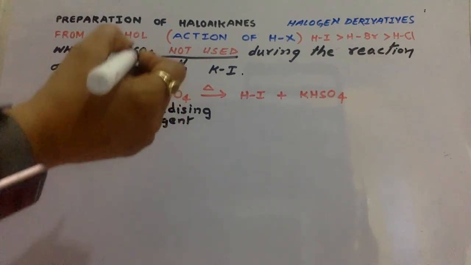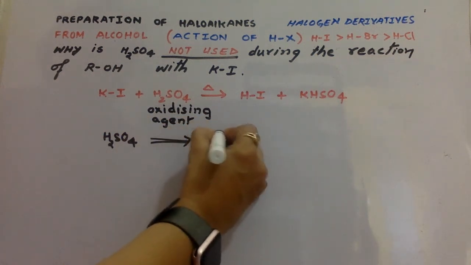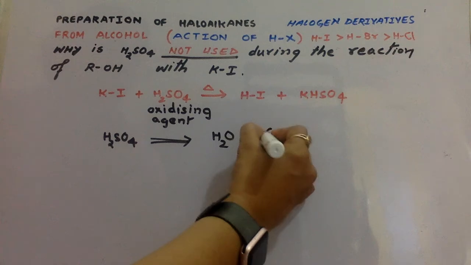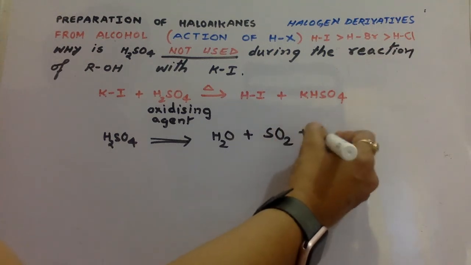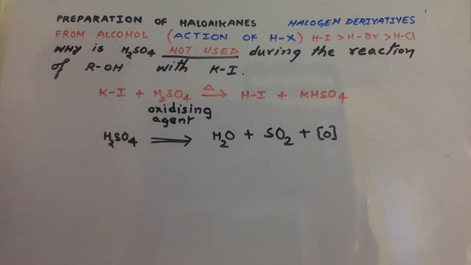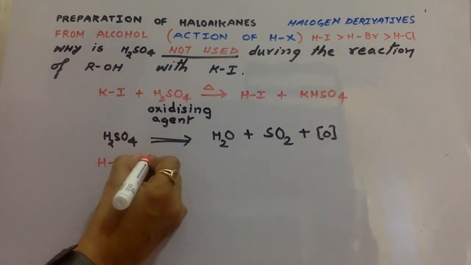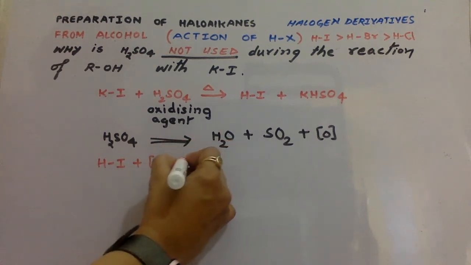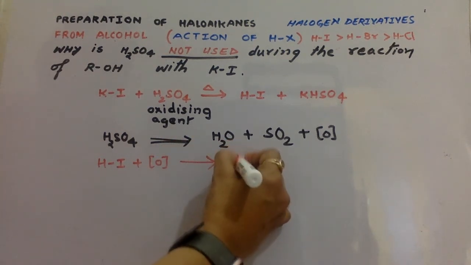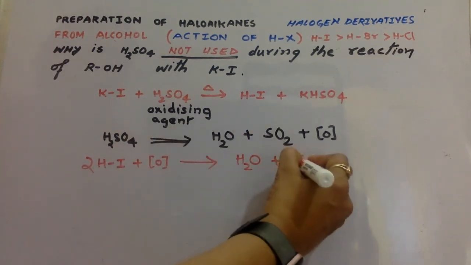See how? H2SO4 gives H2O plus SO2 plus nascent O. This nascent oxygen attacks HI and converts it to water and iodine.